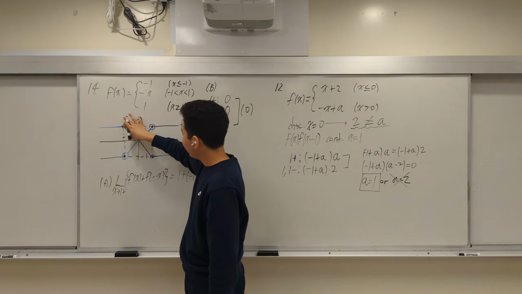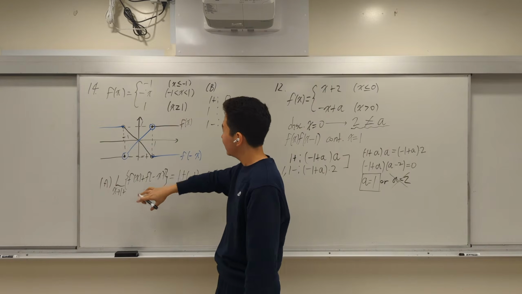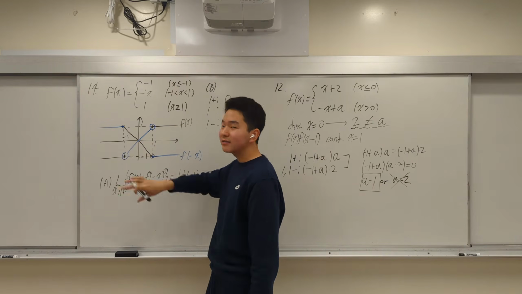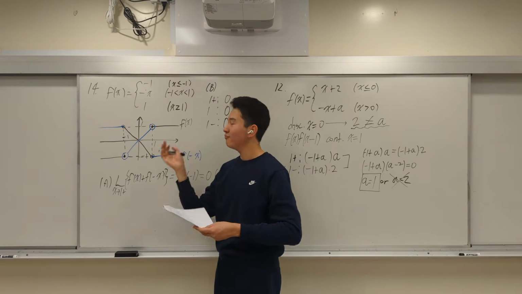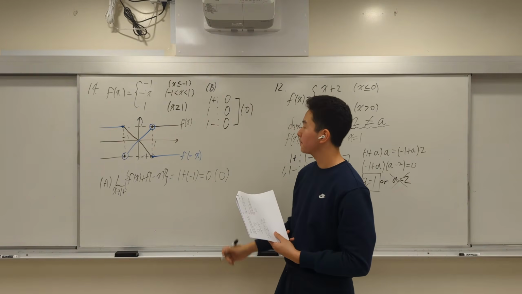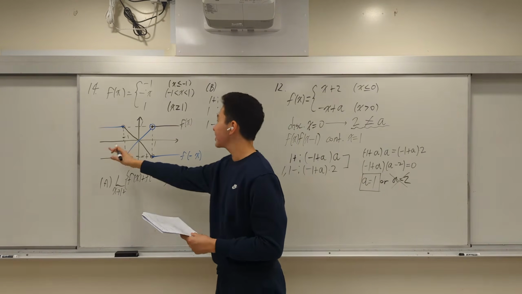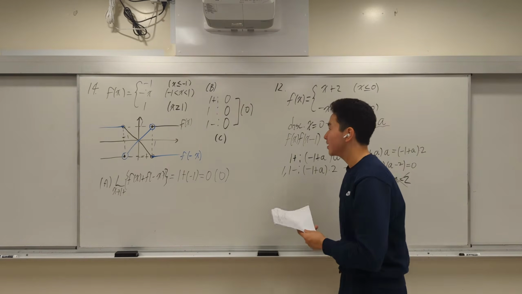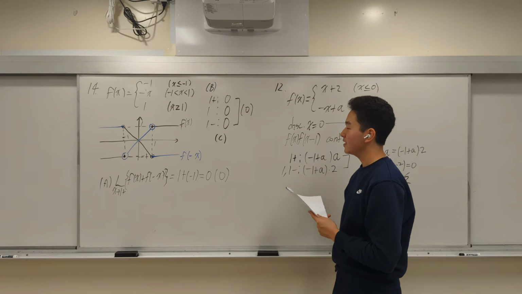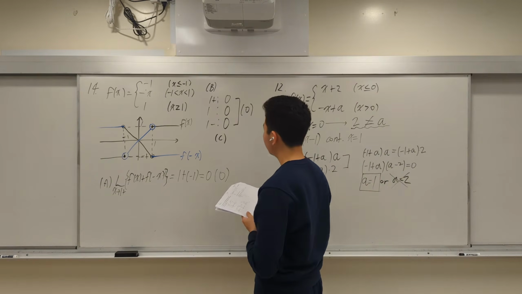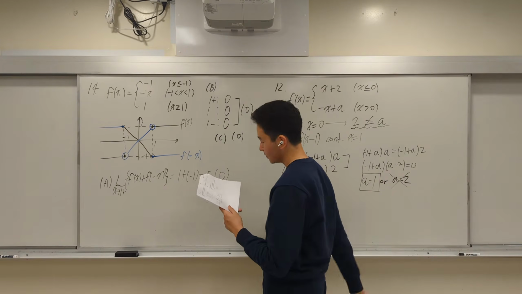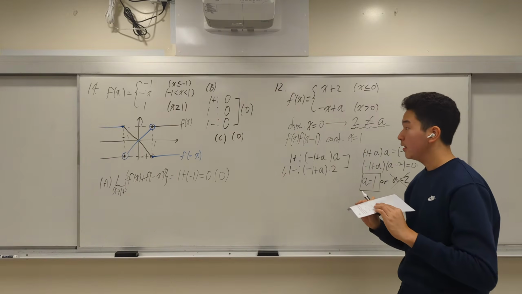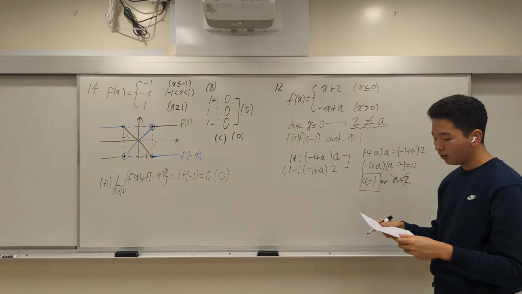And if we check negative 1, the left-hand limit, the right-hand limit, and the function value, one of them is negative 1 and one of them is 1. So it's all 0. Therefore, it is continuous on the set of all real numbers because the limit exists and the function value equals that for all real numbers. So that statement is also true. Okay, so it turns out that A, B, C are all true for that one.